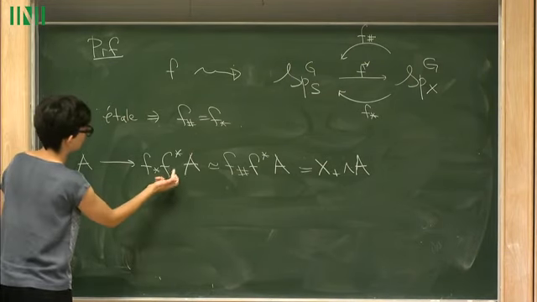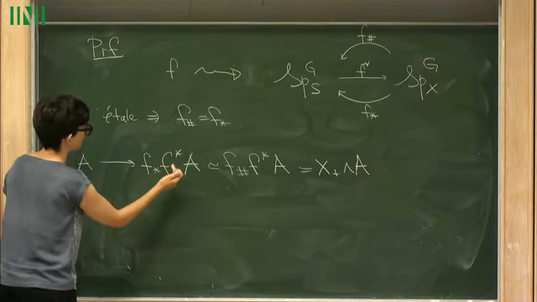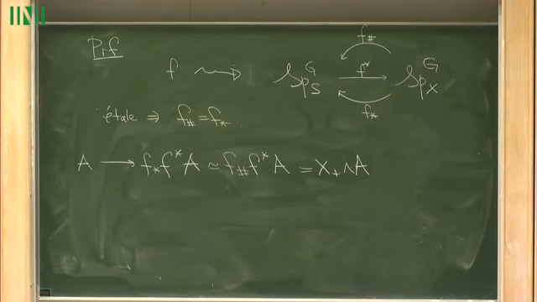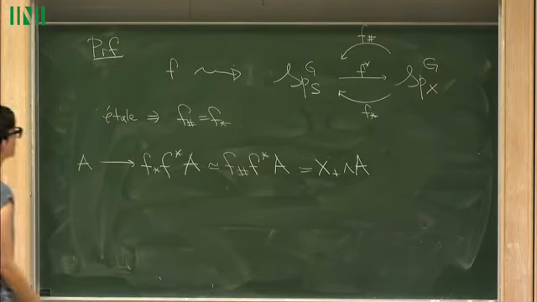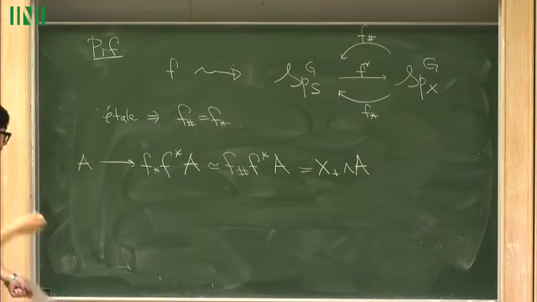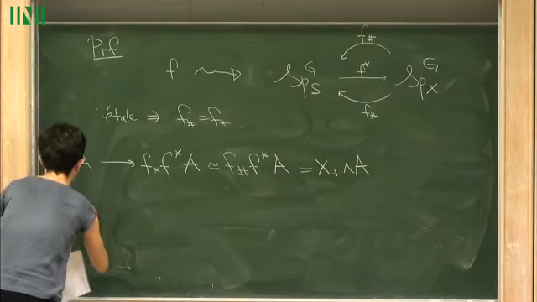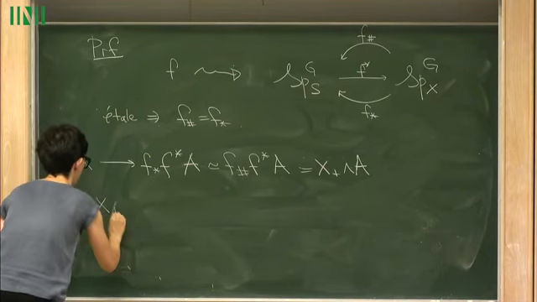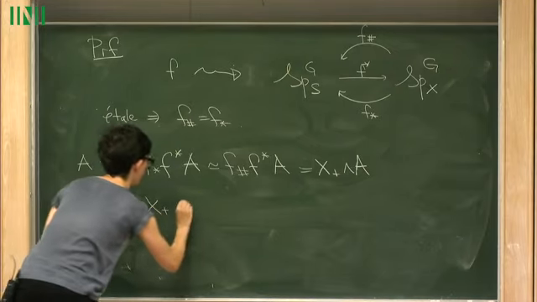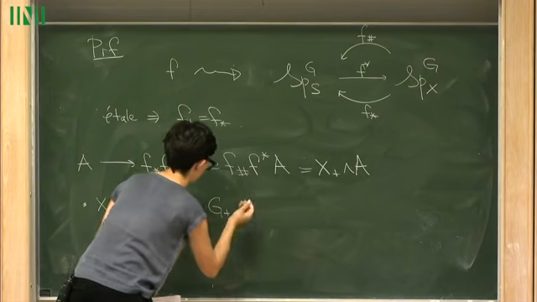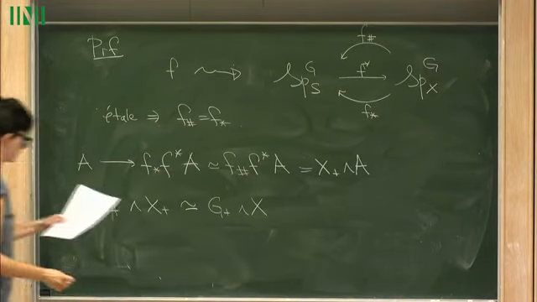And F upper star is monoidal, and so F lower star is lax monoidal, so this gets an algebra structure as needed. Okay, so the fact that F was an étale G-torsor, meaning a Galois extension, gives us that this thing is equivalent to G plus smash X, or however you want to write that.